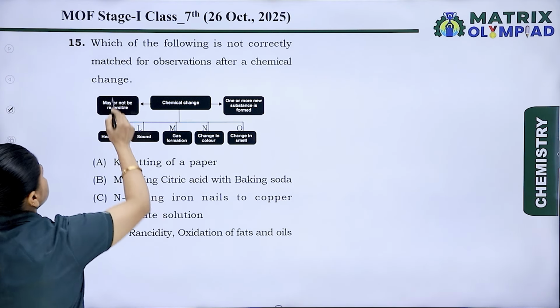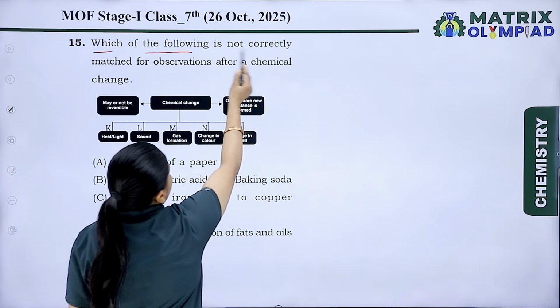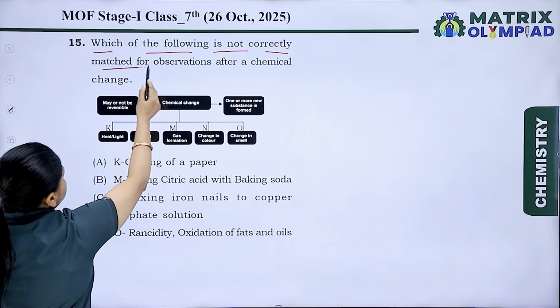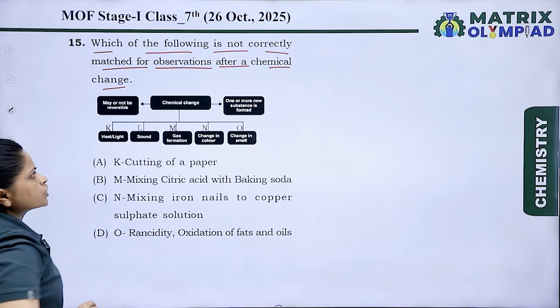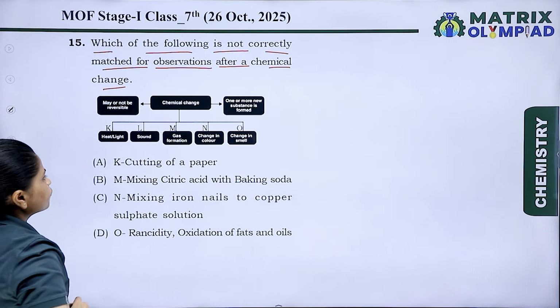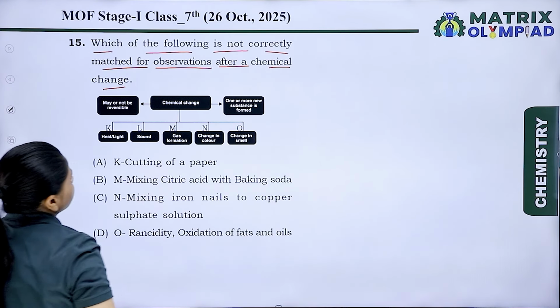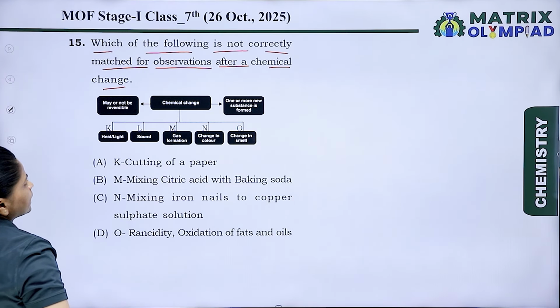The next question is, which of the following is not correctly matched for observations after a chemical change? Here a flow chart is given and we have to choose the one not correctly matched.